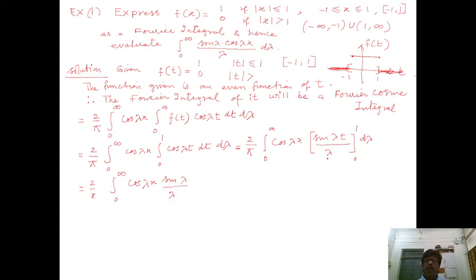For the lower limit t equal to 0, it would be 0. So d lambda. So we have deduced a similar type of integral which we are already given, 0 to infinity sine lambda. This is the value of f of x, the given function as a function of x.